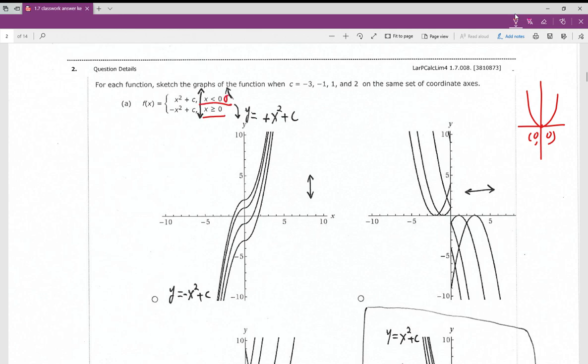So you have 1 and 2. When x is less than 0, you keep the same graph but push up c steps, depending on what c is, okay? So let's make it easier for the positive 2. So we just graph when c equals 2 first. So you keep the same graph.